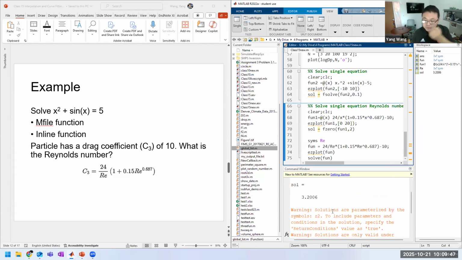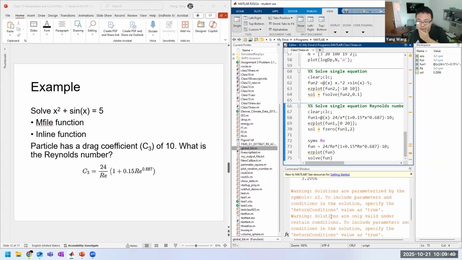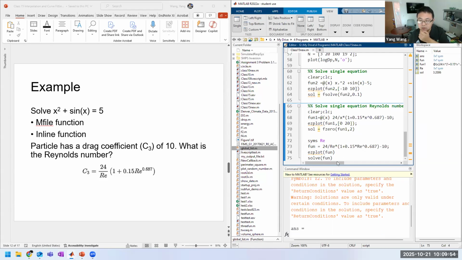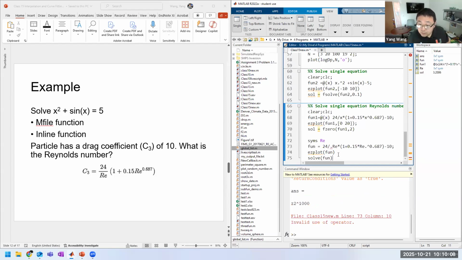See, solution is parameterized by the symbol Z2 to include parameters condition. The solution specifies the return conditions. Let's see. I think maybe it's related to the dot calculation here. syms Reynolds number. Let's try again. Okay, dot divide.